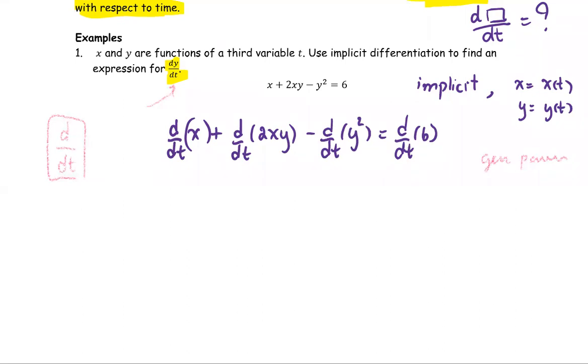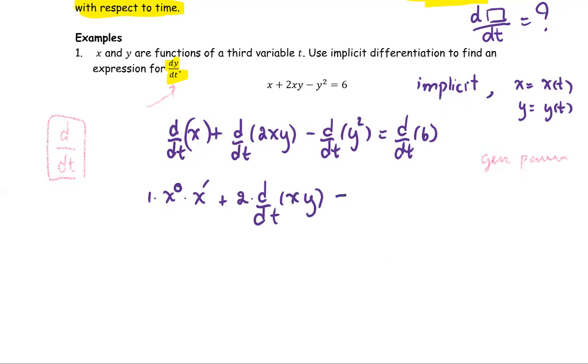So for the first one, the general power rule, we have x to the first power, so it's going to be 1 times x to the power 0 multiplied by x prime. And the next term, we have the quantity 2, and I'm going to put one more step here, since we're going to find the derivative with respect to time of the product.